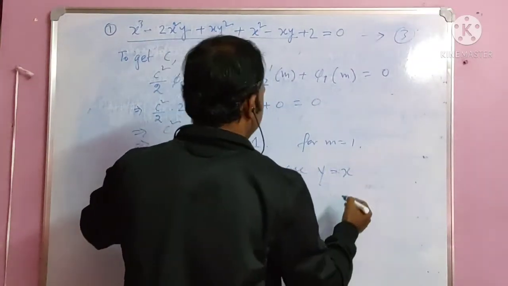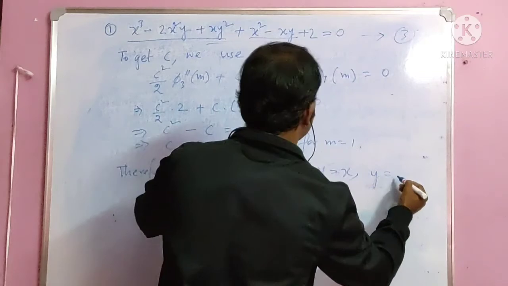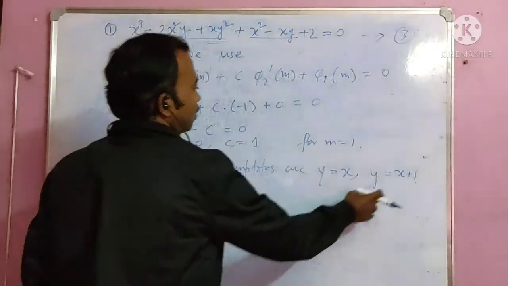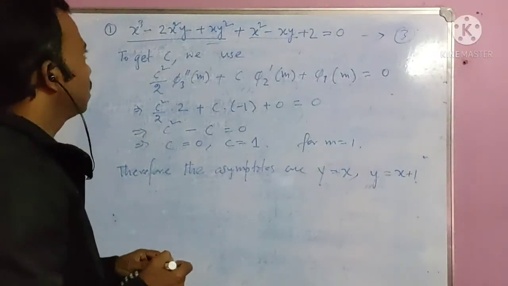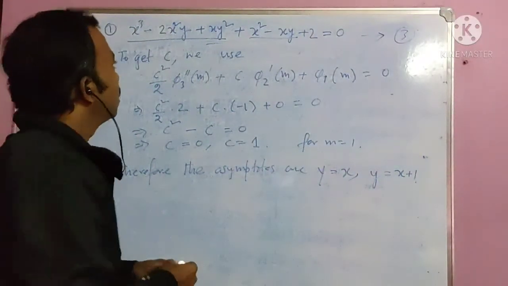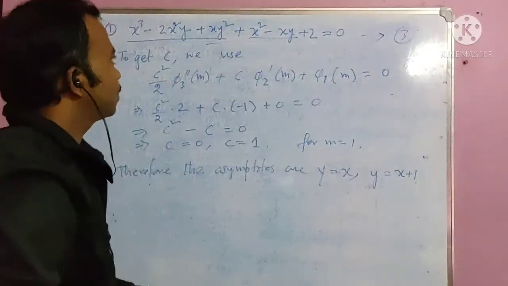C is 0 and another one is y equals to x plus 1. We have two asymptotes here and one vertical asymptote. That means in total we have 3 asymptotes. We verified that there are 3 asymptotes for this curve.